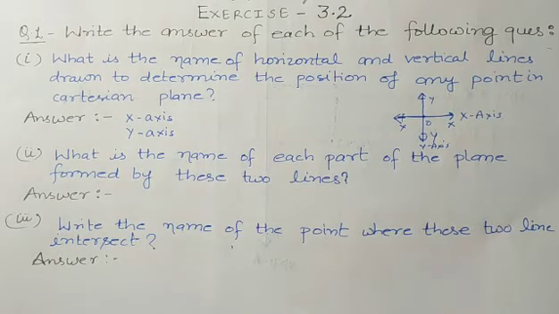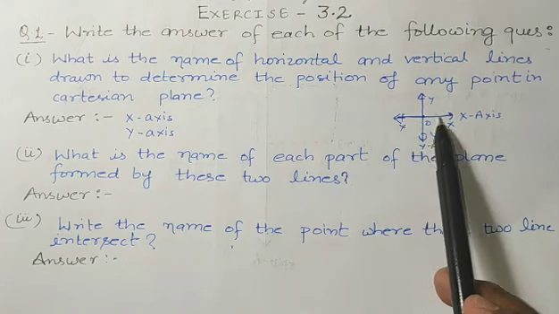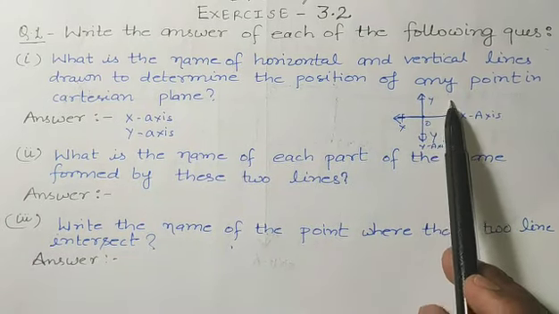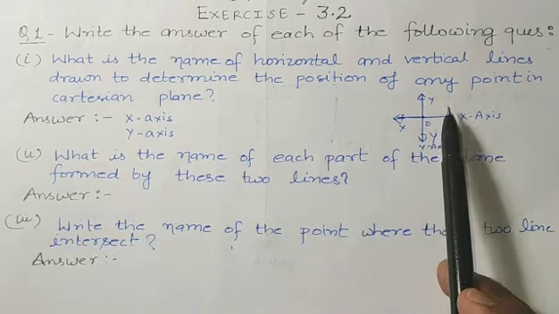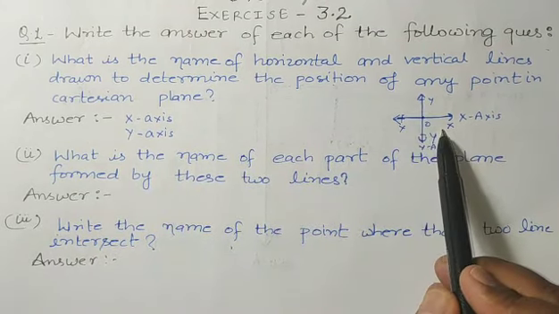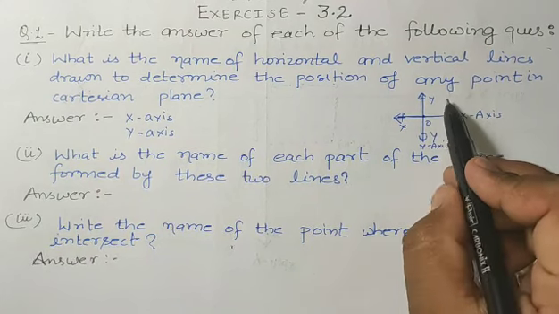Okay students. Second part is, what is the name of each part of the plane formed by these two lines? Because of these two perpendicular lines, this plane is divided into 4 segments. It means 4 parts, and each part is called what?